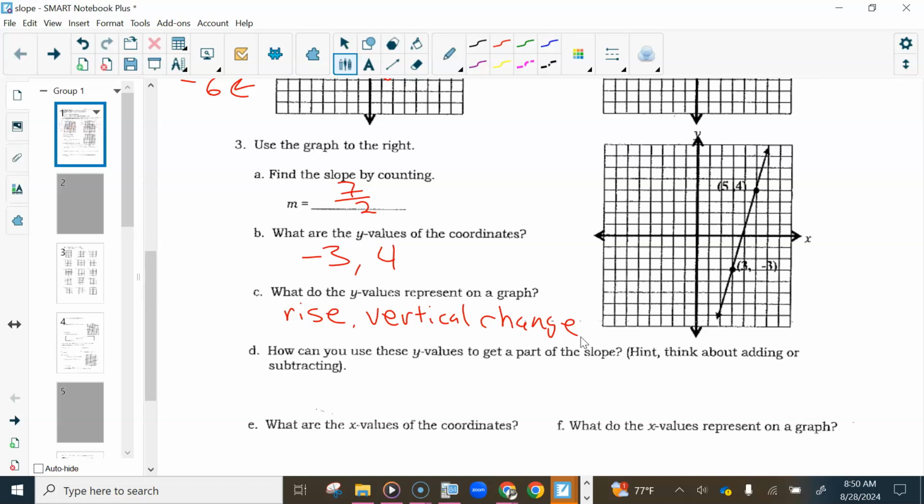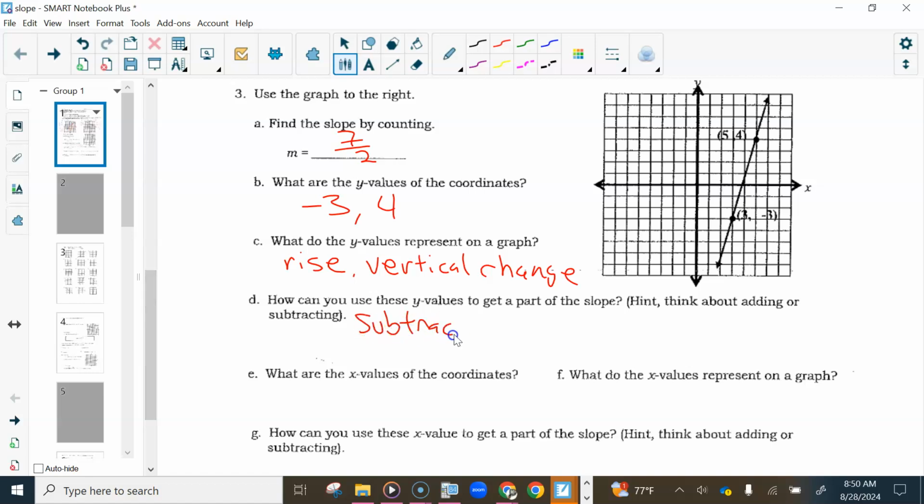Think about that. What math operation? This is not going to be divided. If we added this and this together, is that going to help us with our distance? Multiplying would probably be too much, but subtracting.